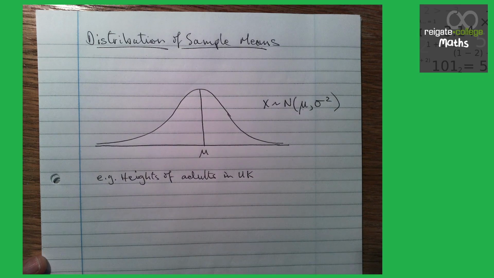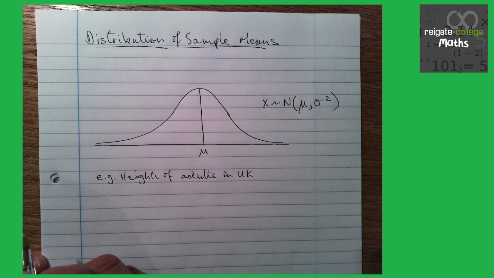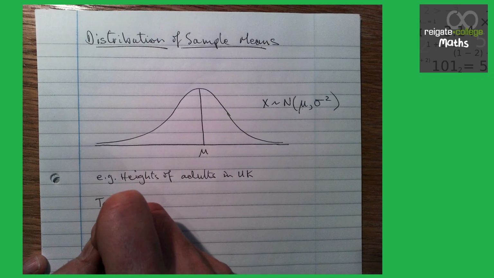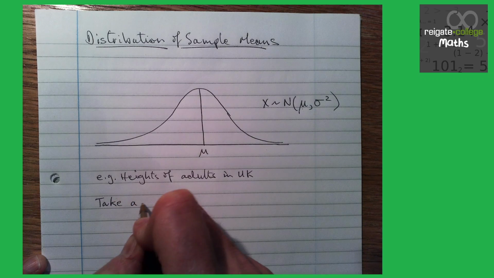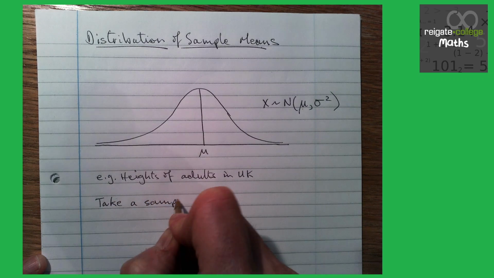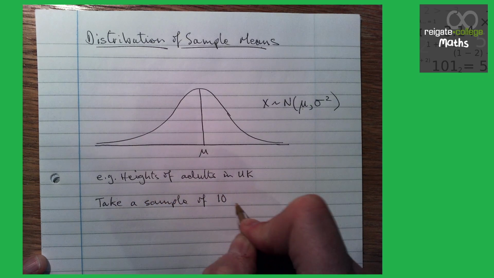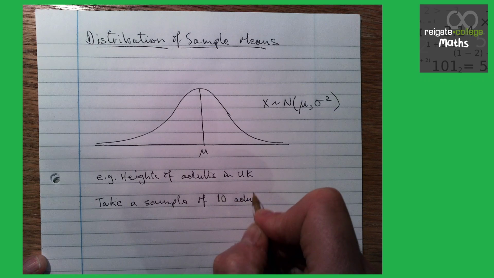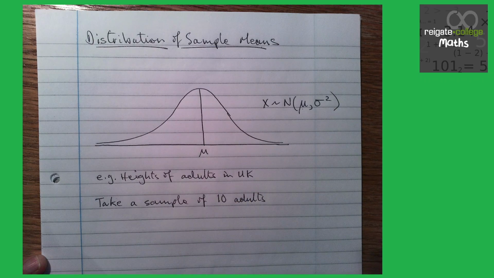Now what we're going to think about is what happens if we take a sample of those adults. So take a sample of 10 adults, and then we're going to calculate the mean of their height.